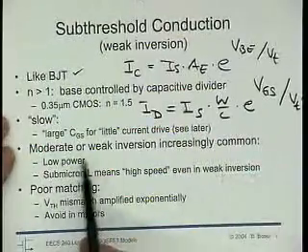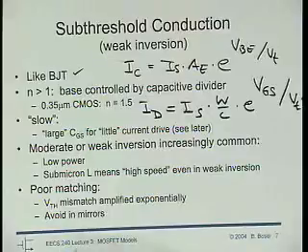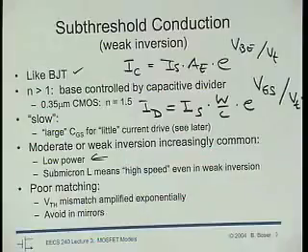But this moderate or weak inversion is becoming ever more important. And there are really two reasons. One of them is obviously that's where little current flows, so it's got to be low power. And the other thing is that as we make our devices smaller, for increasingly less current, we can go faster.